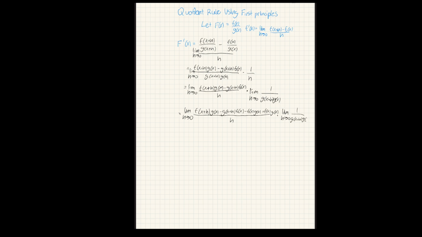And the reason we can do this is because this equals 0, no matter what we do. So that's why we're allowed to actually do this. It doesn't change the actual question.